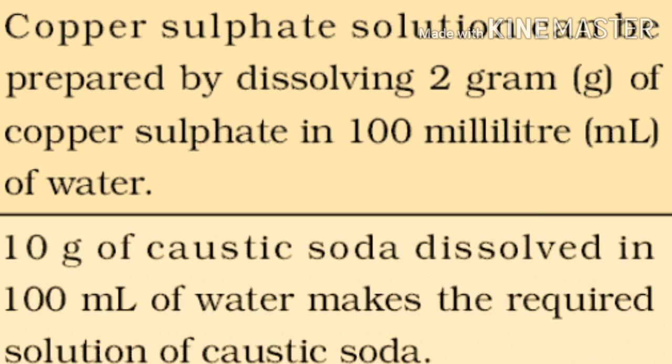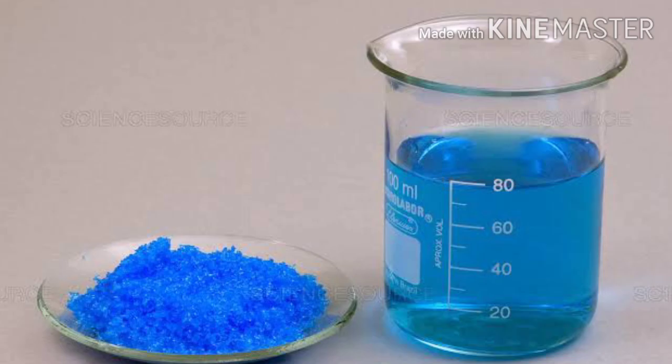That means to prepare 2% copper sulfate solution, we take a test tube, add 2 grams of copper sulfate, and then add 100 ml of water. Then it will become 2% copper sulfate solution.